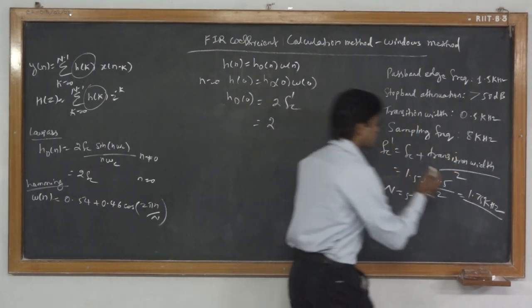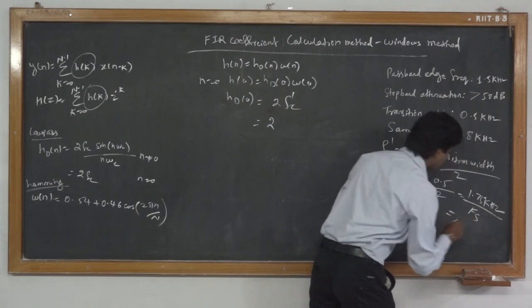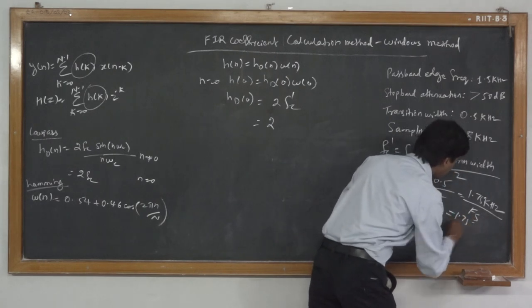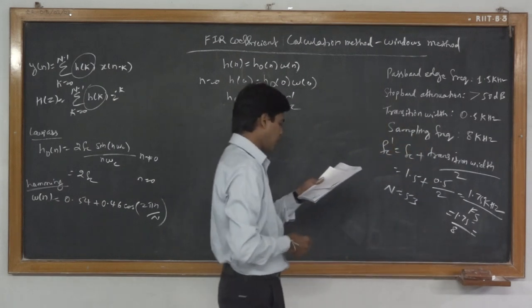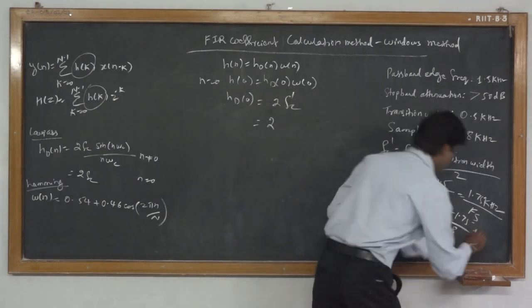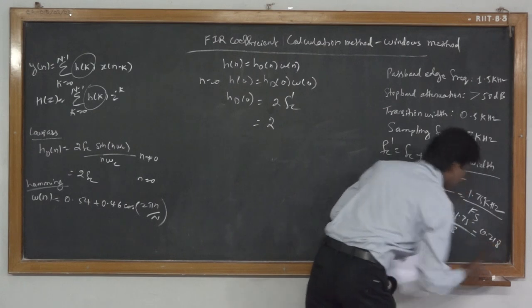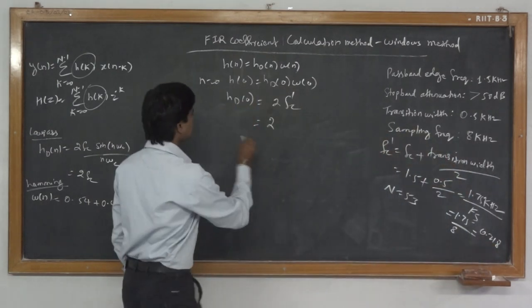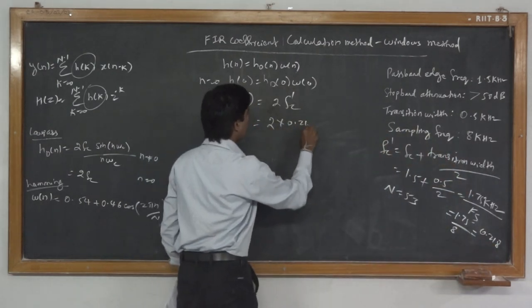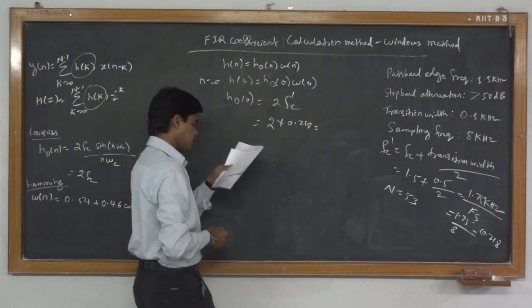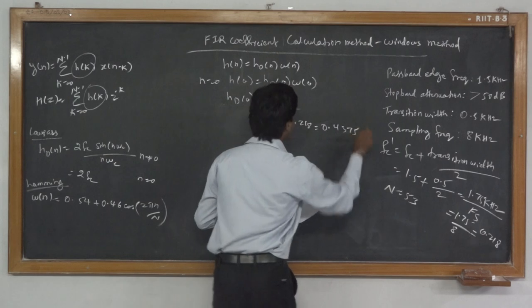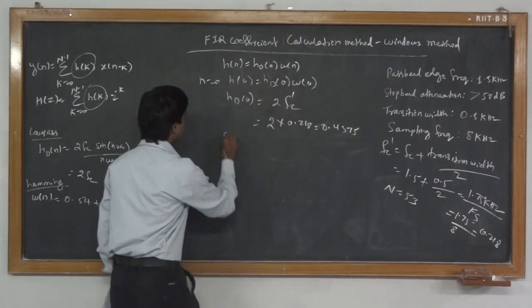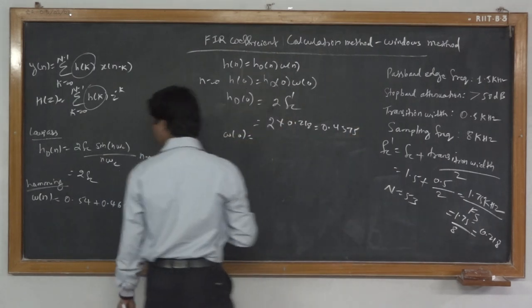It is going to be divided by the sampling frequency, that is 1.75 divided by the sampling frequency 8 kilohertz, which gives us the value of the new Fc dash as 0.218. So now we use this value 0.218, which gives us the answer as 0.4375.